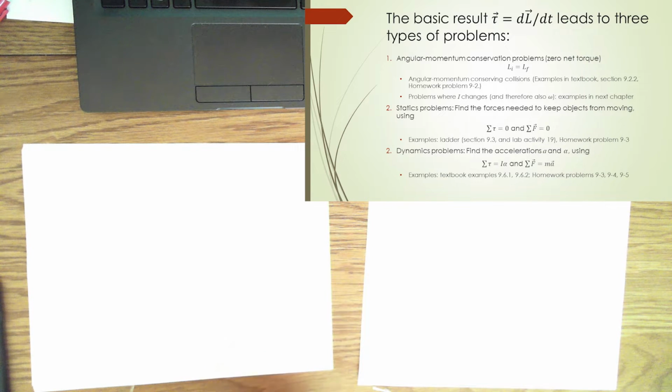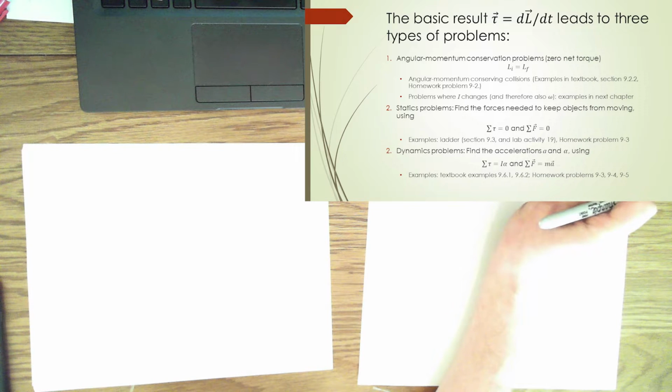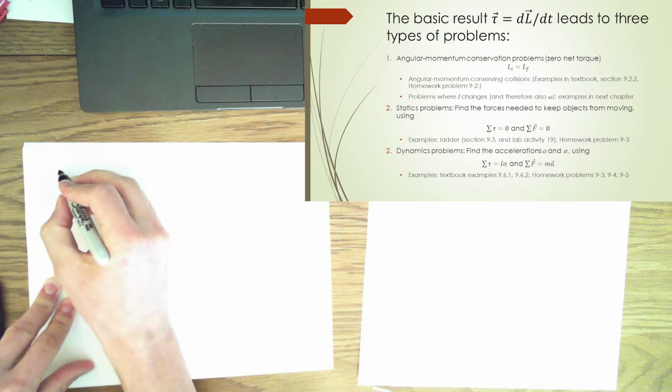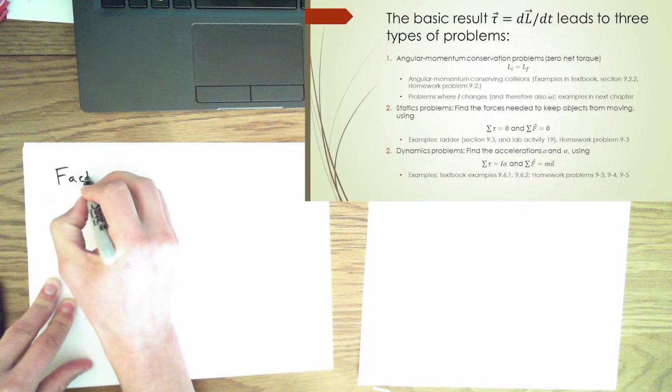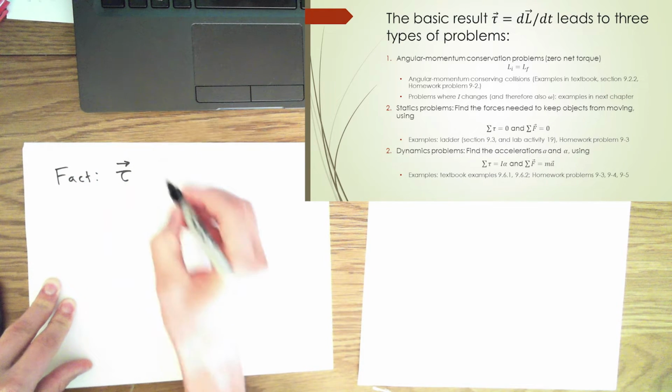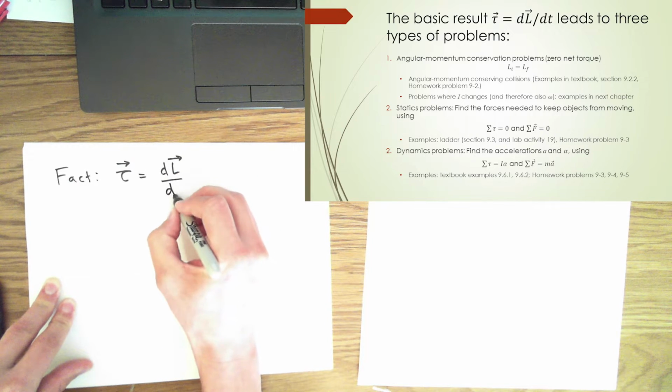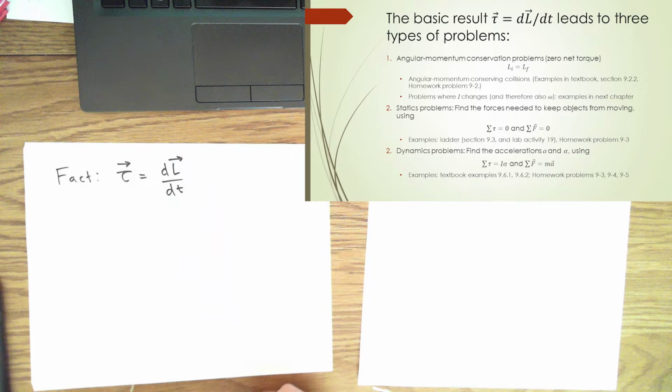That is going to be useful in problems like point number 1 here, where the net torque is 0, so the left-hand side of that tau equals dL/dt equation is 0. So, like I'm saying here, these problems all stem from this basic fact: the torque equals the time derivative of angular momentum.